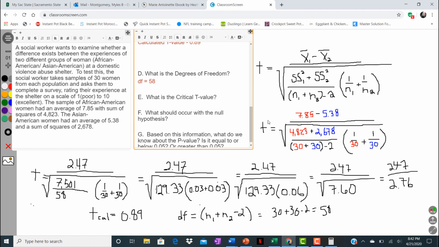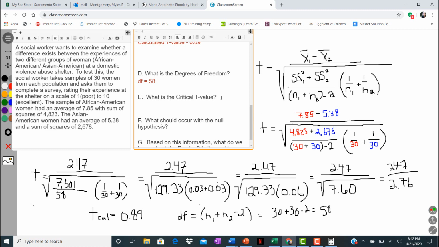So, again in red, critical t value equals 2.00.